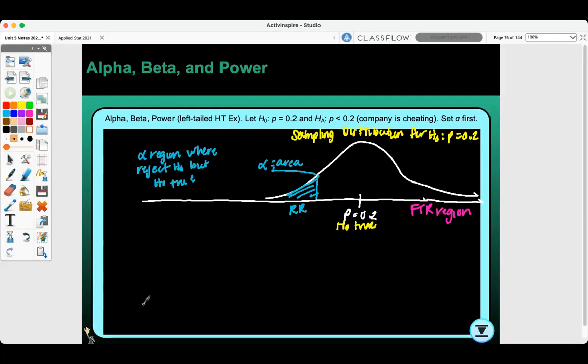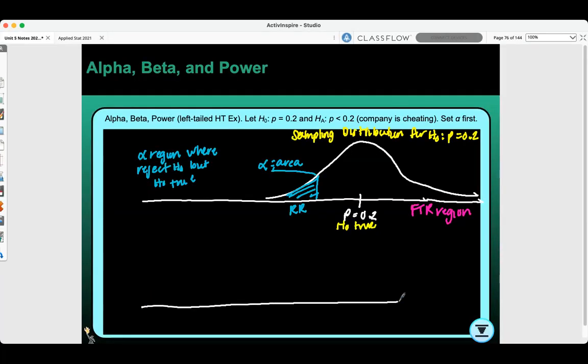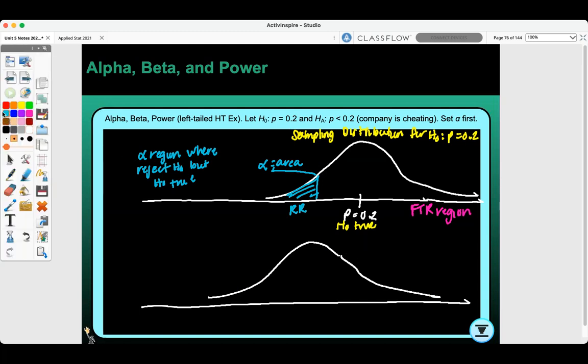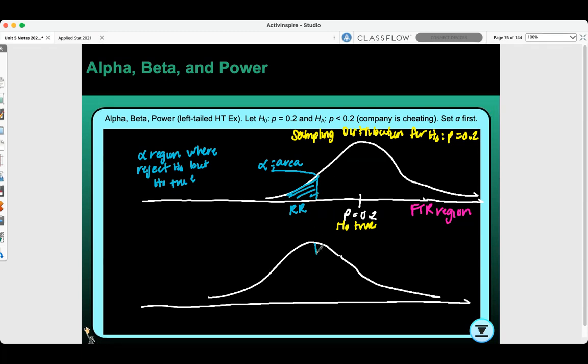Okay, so if I were to draw along this here, this rejection region does not move. So it would still be right about here.